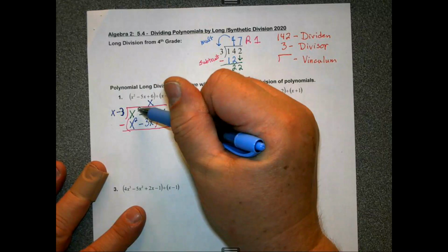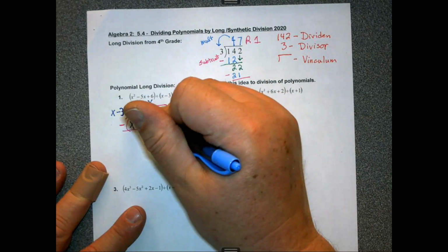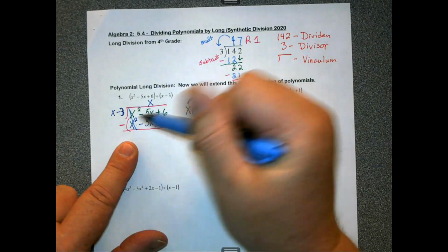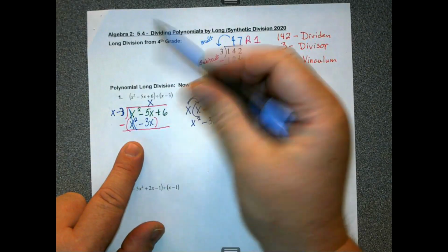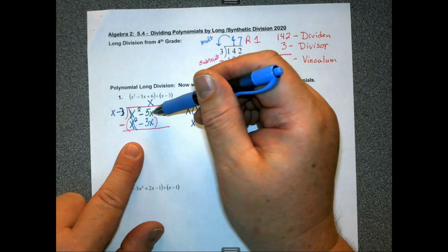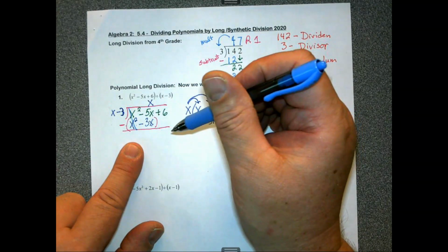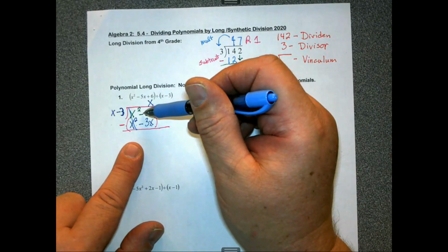Okay, x squared minus x squared is 0. The whole purpose of this is to eliminate that first term. You can put 0 down if you want. Negative 5x minus a negative 3x. I'll say it again.